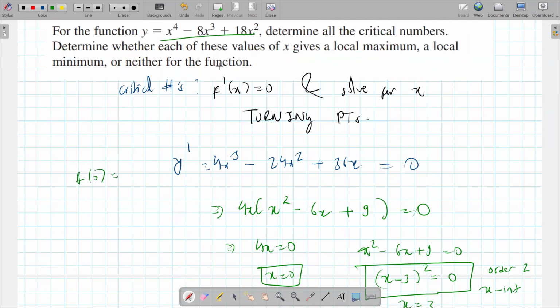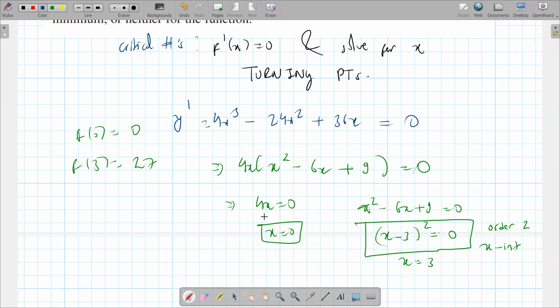So here, let's find f of 0. I'm going to plug 0 in here. I'm going to get a 0. Then I'm going to plug in f of 3. I'm going to do this on a calculator. So 3 to the power 4 minus 8 times 3 cubed plus 18 times 3 squared. I get a positive 27. So what does this mean for us?